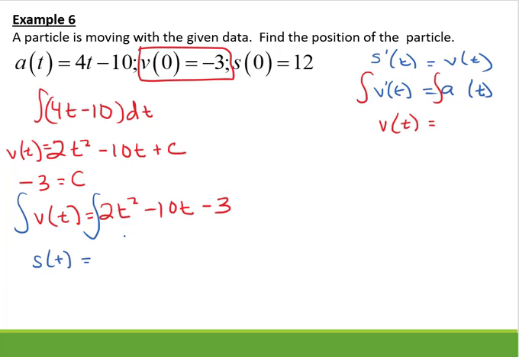Again, I have this initial condition that gets me c. So now I have my position function: 2/3 t cubed minus 5t squared minus 3t plus 12.